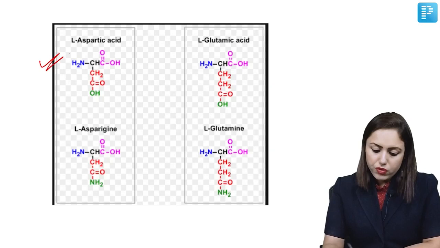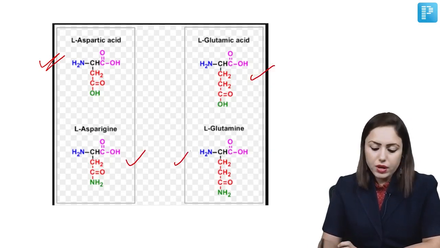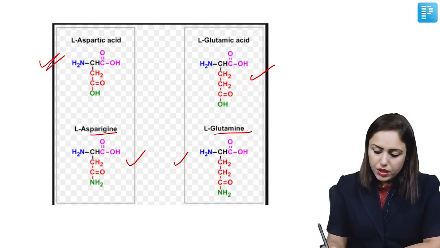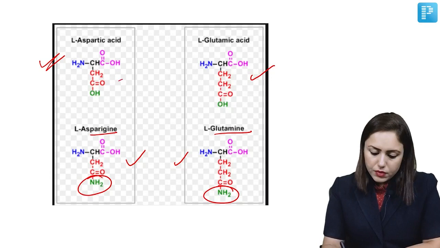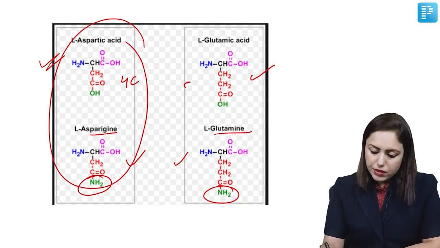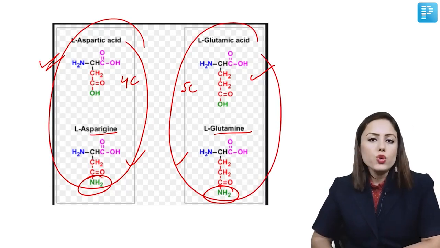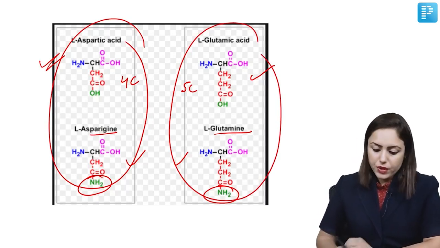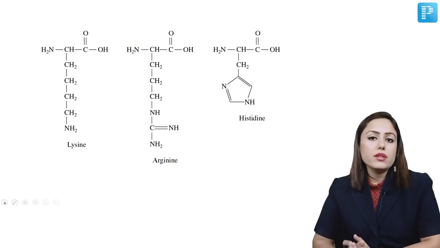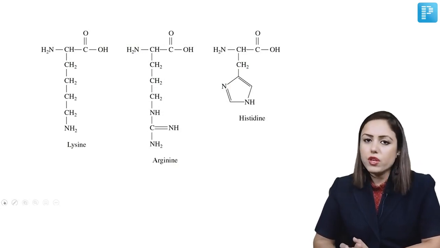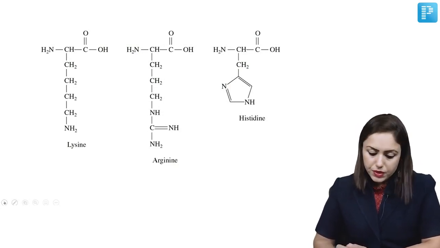Then the structure of aspartate, glutamate, asparagine, glutamine, right? In asparagine and glutamine, there is an NH2 group added, right? There are 4 carbons in aspartate and asparagine, 5 carbons in glutamate and glutamine. Okay, so you should be able to recognize the structure of amino acids if given in an image based question.